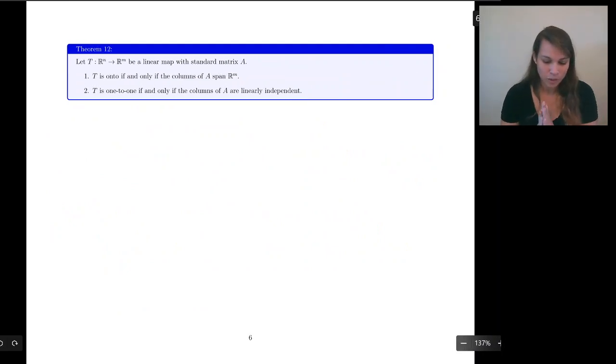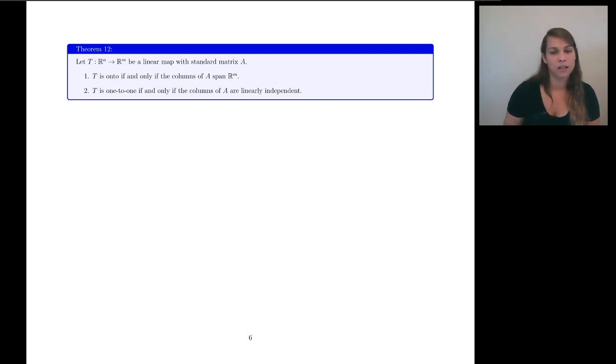Last theorem, we've got theorem 12. We've got T is a linear map with a standard matrix A, and we have one statement for onto and one statement for one-to-one. We say T is onto if and only if the columns of A span Rm, and we have T is one-to-one if and only if the columns of A are linearly independent. So let's start with number 1.